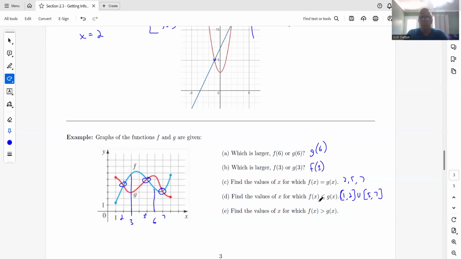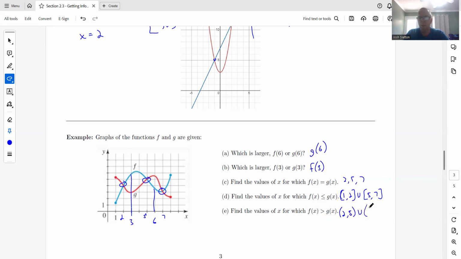Where is, oops, I did those. Nope, I did. That's right. Okay. So where is f of x greater than g of x? And now we're not going to include where they're equal. So f of x is above g of x here. So 2 to 5 with parentheses.